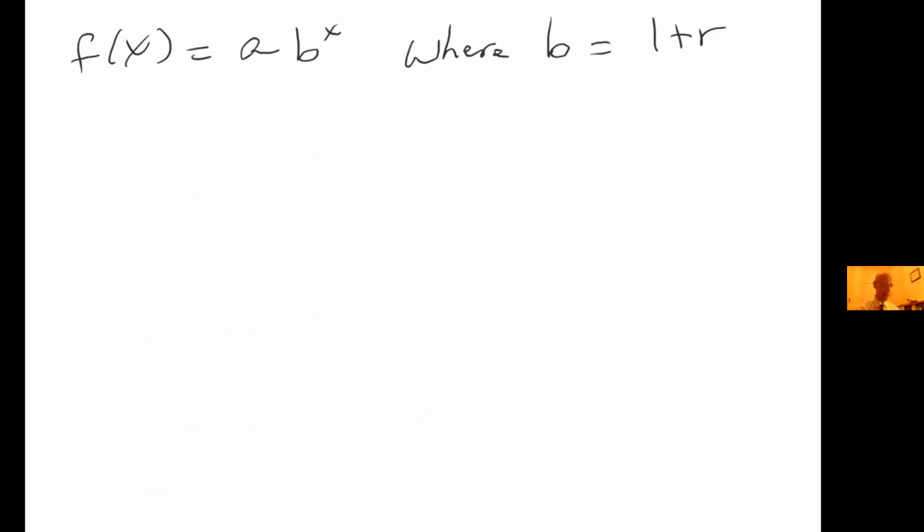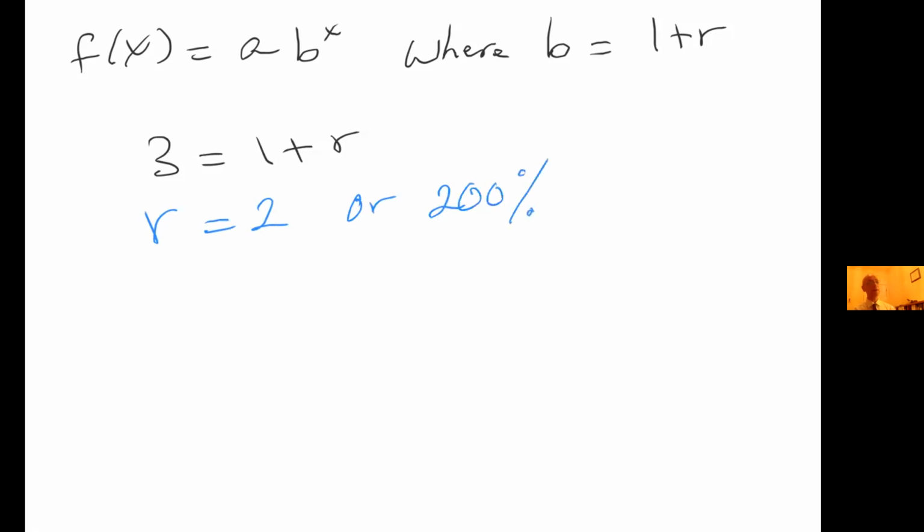So if b is 3, then 3 equals 1 plus the rate. If I subtract 1 from both sides of this equation, I get r equals 2, or 200%. So this exponential equation is growing pretty fast.